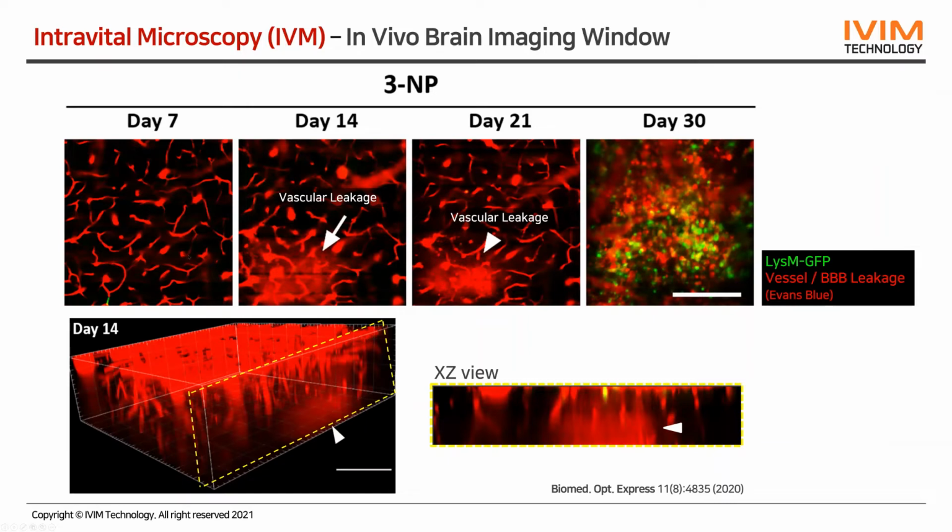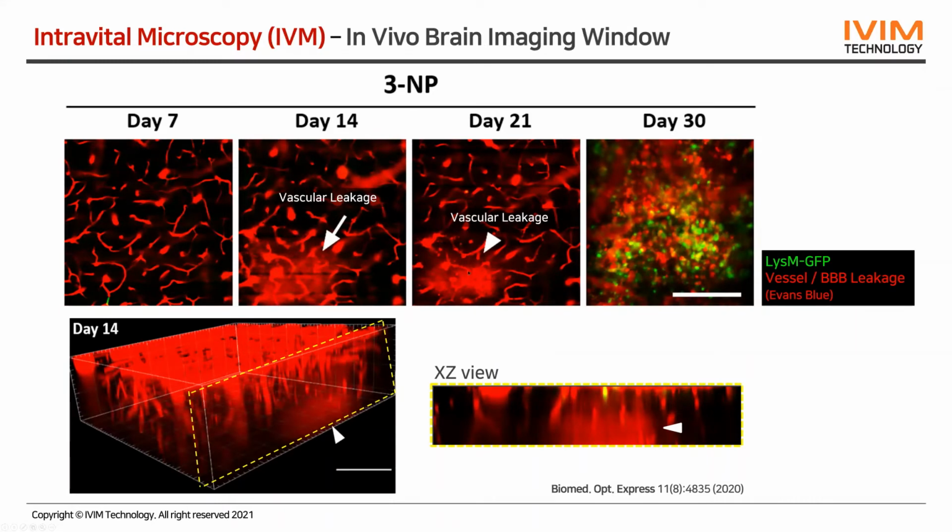What was interesting in this observation was that in the beginning there was no blood leakage, as monitored by intravenous injection of Evans blue. At day 7, there is no leakage, and at day 14, suddenly this area had some vascular leakage.